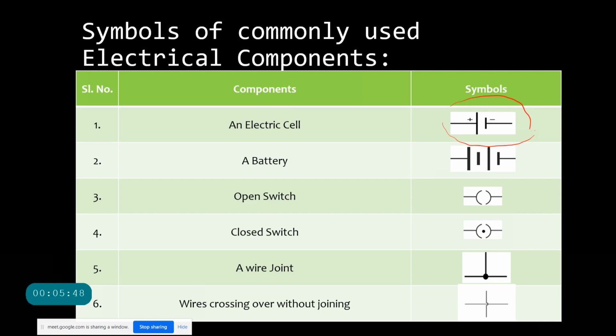It has a symbol similar to the electric cell, but multiple cells used together make a battery. An open switch will be represented like this, and the closed switch is represented like this. A joint wire is represented like this, and wires crossing over without joining is represented like this.